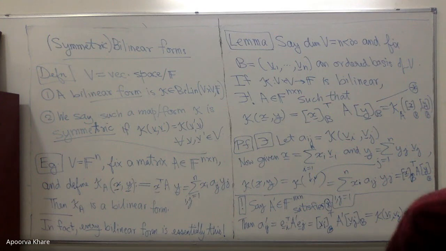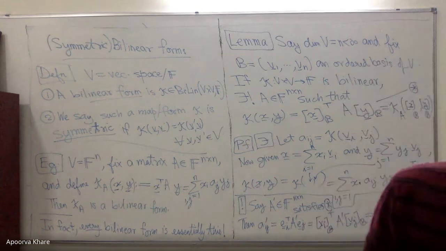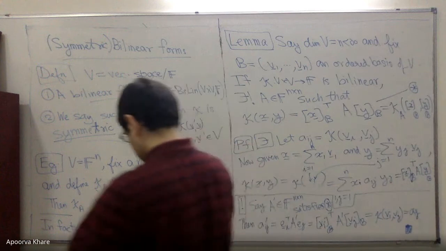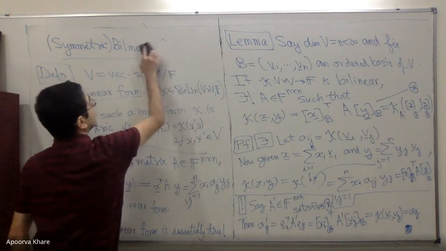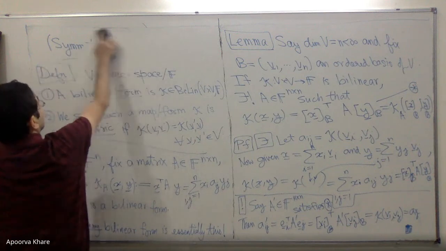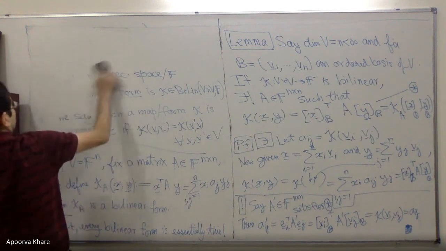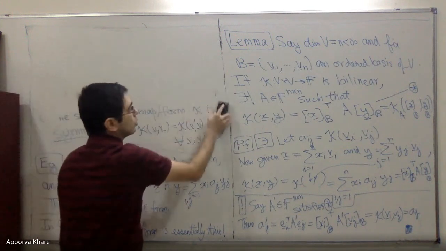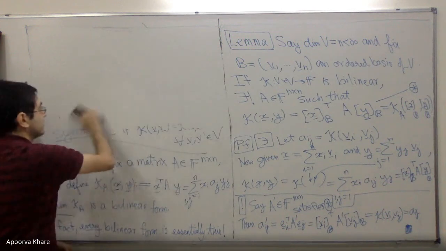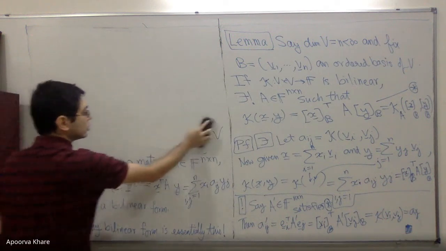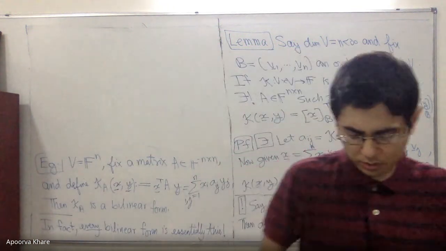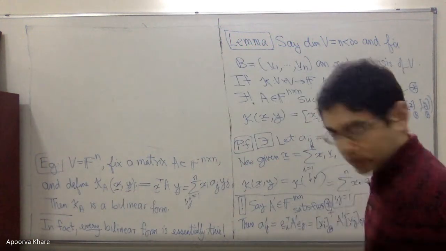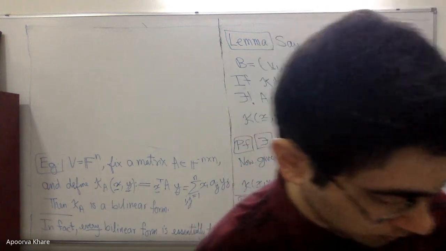This is a good question for your homework. That has to do with the symmetric part of this lemma. Basically, the same exact thing holds if you want your form to be symmetric, except in that case, you need to require that your characteristic is not 2. So I will ask you in the homework. Okay, this is the bilinear form part of it.